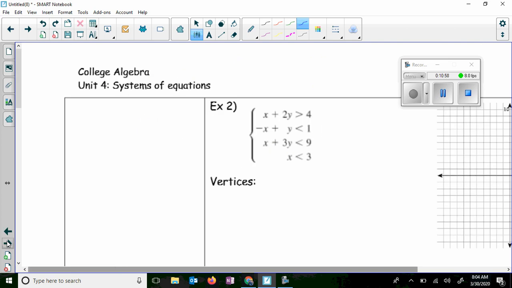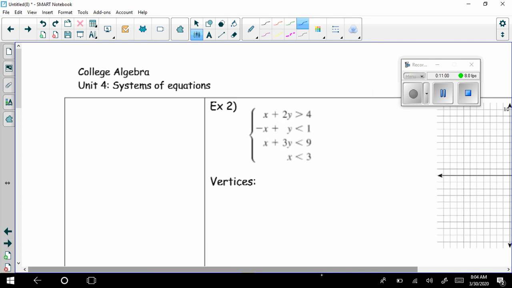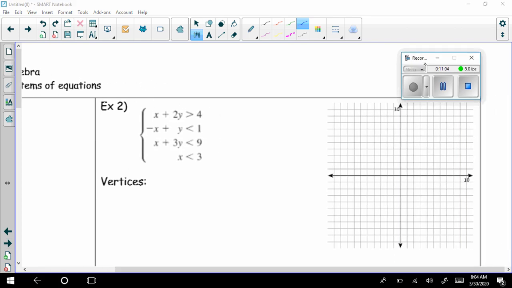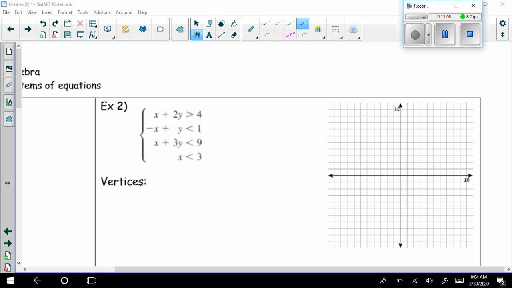And so continuing that whole idea, we have a system here of linear equations. We just happen to have like 4 of them. It doesn't matter. Get them to where you can solve them. And so you can walk through step by step, but this would be y is greater than negative 1/2 x plus 2. I subtracted x and then divided by 2.